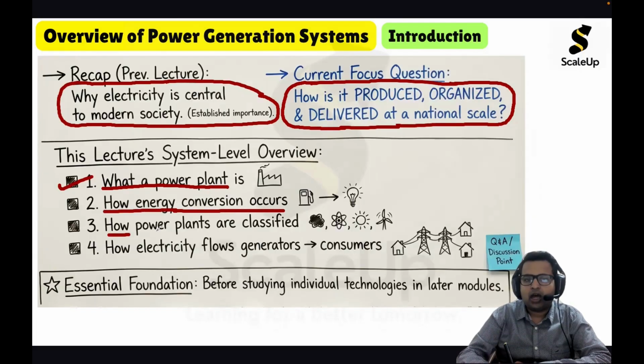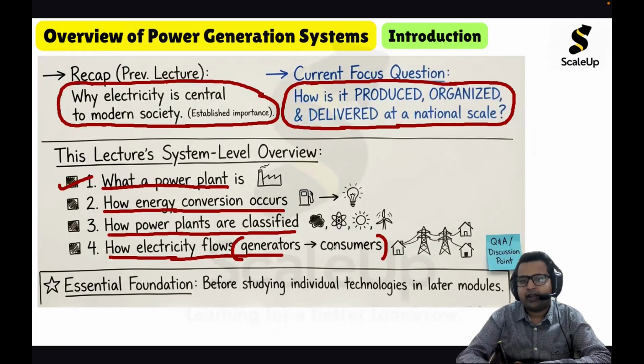occurs, how power plants are classified, and how electricity flows, like from generators to consumers, because electricity is produced via generators, and then how it gets to the end user, the consumers. So we'll get a very good understanding, an overview.